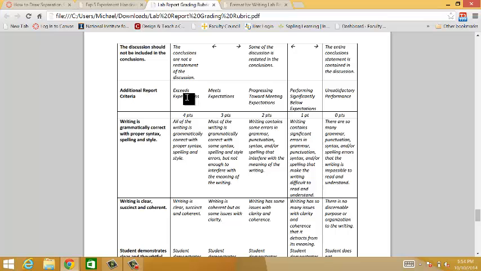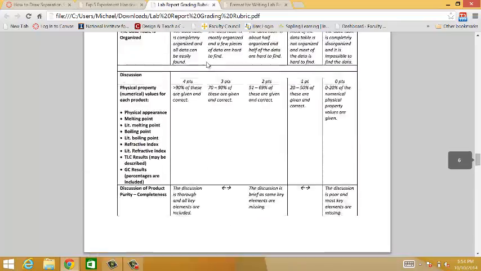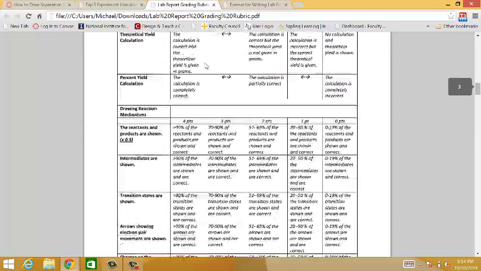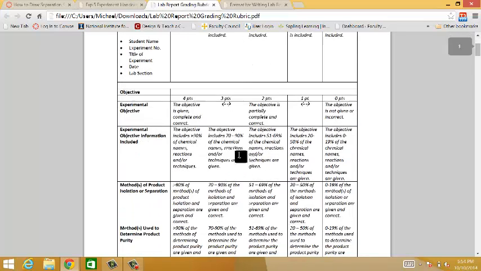The experiment stopped at discussion should not be included in the conclusions. This rubric gives you a checklist to look at. It includes every conceivable thing I could ask for, and obviously some of these things aren't included, so they won't be used for grading.